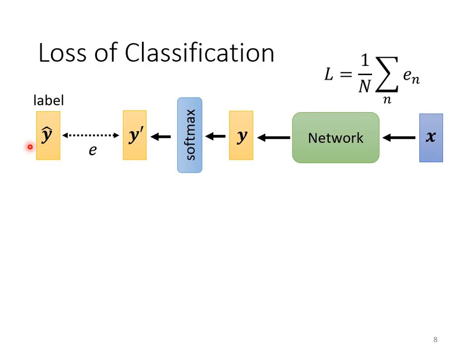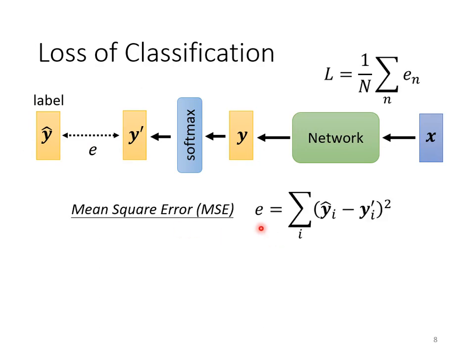For example, if I want this distance to be the mean square error, which is exactly the same distance as we used in homework one, we take every element of y prime out, and also take every element of y hat out. Then we calculate the square of their element's difference and sum them up as the error. This is a practical way to calculate the distance between 2 vectors. In other words, by minimizing the mean square error, we can make y hat equal to y prime in the end.